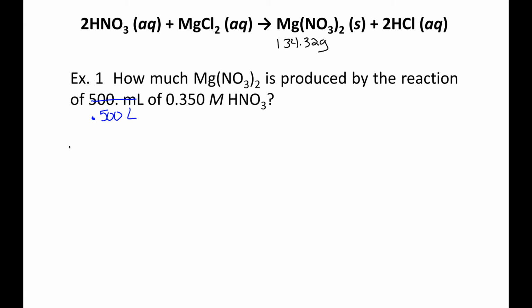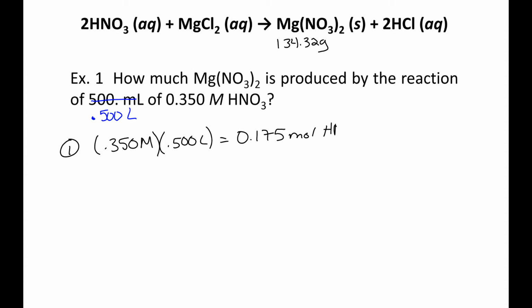Now our first step is we take the molarity, which is a 0.350 molar solution, and 0.500 liters. I want to see the units in here. It really does help; it lets me know that you know what you're doing. So this comes out to be moles of HNO3.